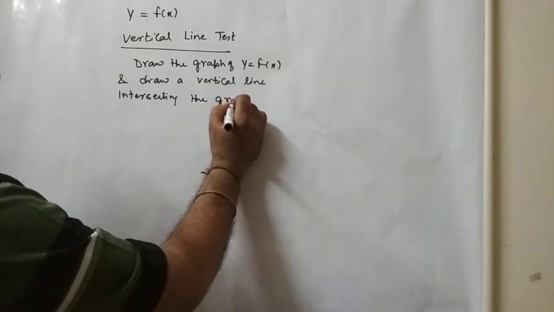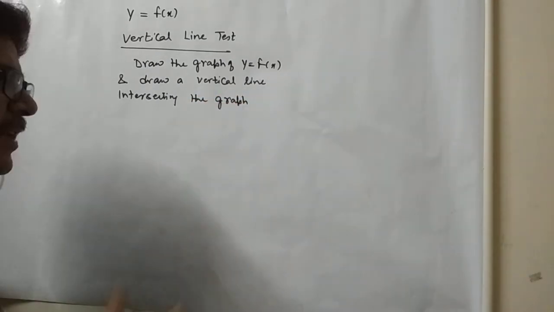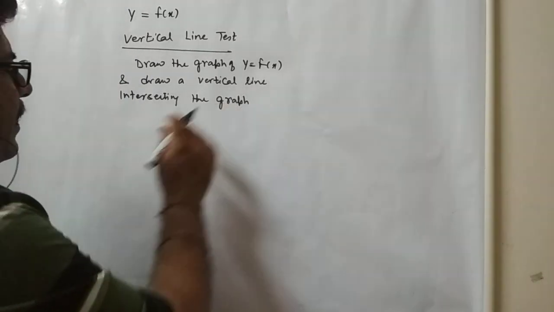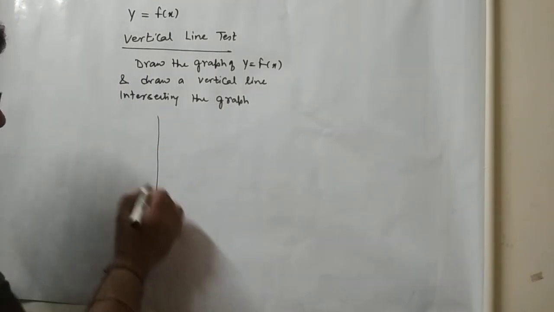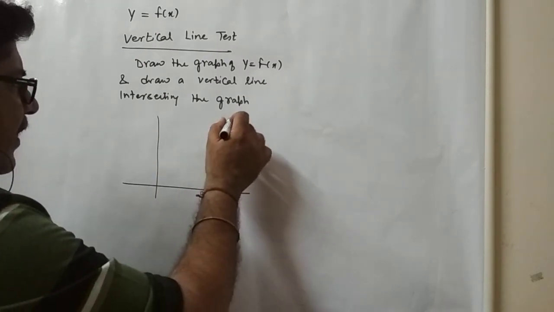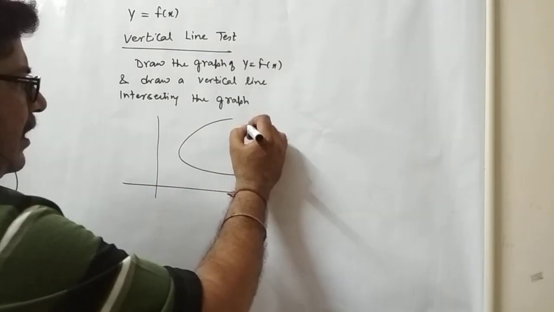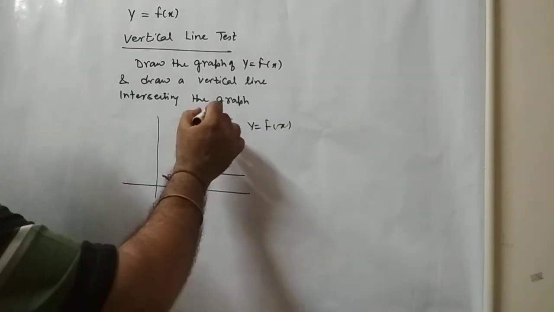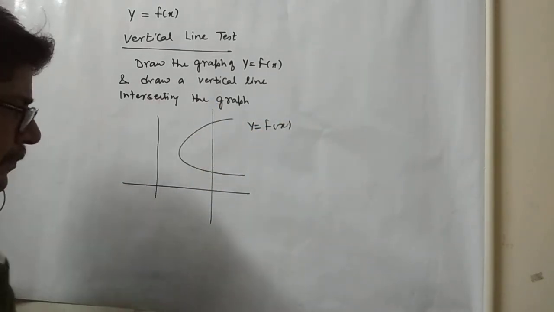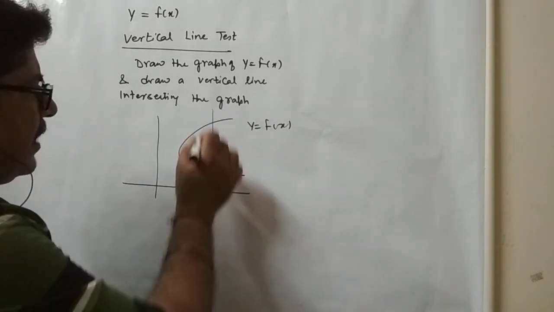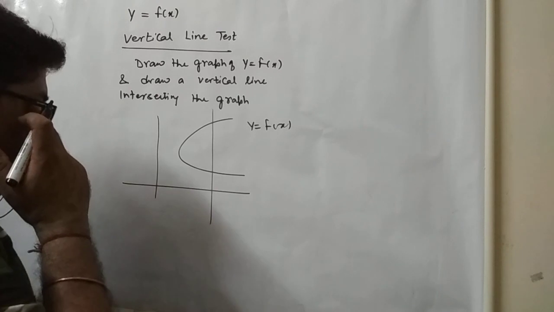Because if we draw a line which is not intersecting the graph, then this test could not be defined. See, suppose the graph of y is equal to f(x) is this. And we draw a vertical line like this, intersecting the graph. Now it cuts the graph at 2 points.